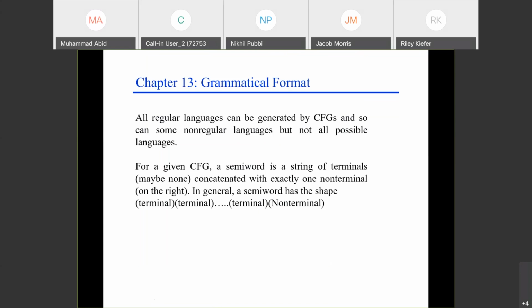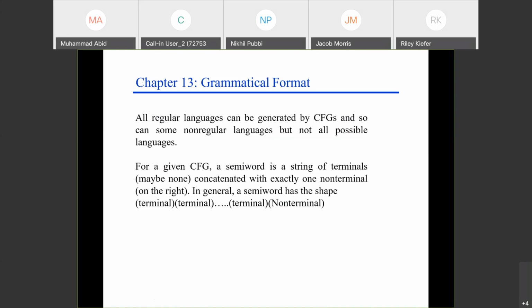So all regular languages can be generated by context-free grammar. Context-free grammar has a big scope, as you saw in the last chapter. It can represent regular and non-regular languages, but specifically, if we talk about regular languages, we can say that all regular languages must be generated by context-free grammar.